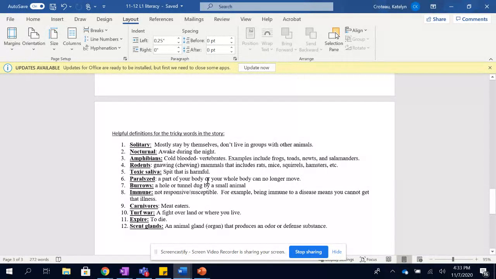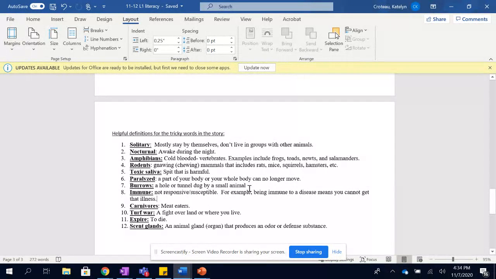This can happen in like a really bad accident, or it can happen through things like poisonous toxic venom or saliva in this case. Burrows are a hole or tunnel dug by a small animal, and they often live there or store their food there, or both. Immune means you're not responsive or susceptible.